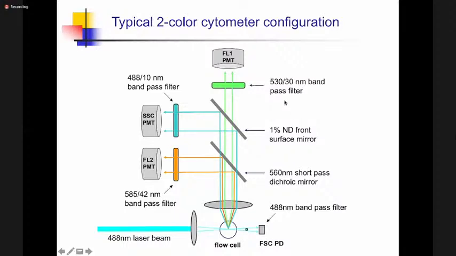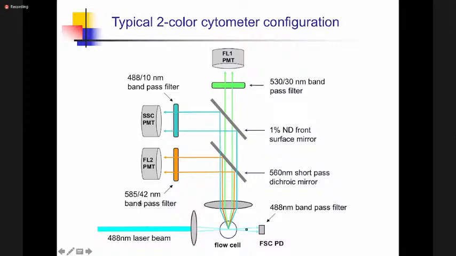If I give you a typical two-color cytometer configuration, which I don't want to go much into detail about, like I mentioned, you're not doing a PhD here. These cells are excited at different wavelengths, with a 560 nanometer short pass dichroic mirror helping to capture the signal in photomultiplier tube 2, or you have got the side scatter photomultiplier tube 1 up there.